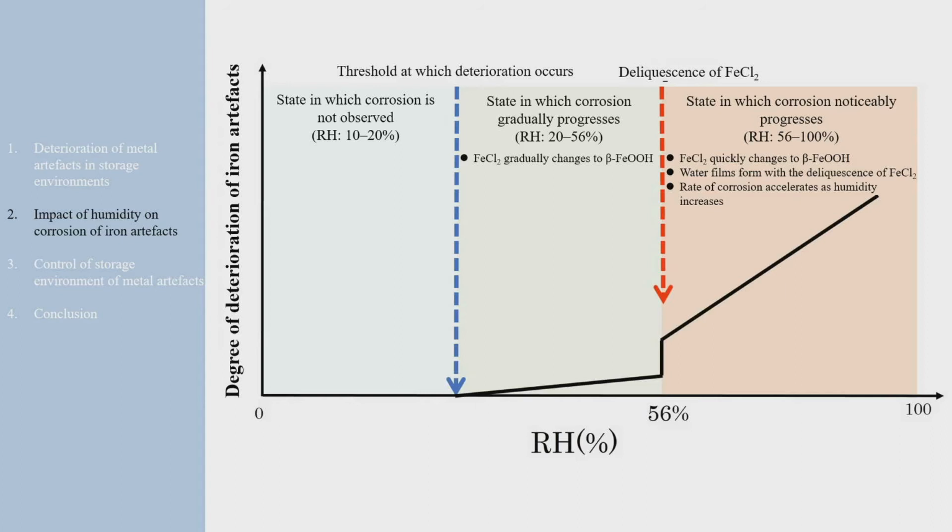Corrosion takes on a different dimension at a relative humidity of 56%, which is the humidity at which iron chloride deliquesces. 2. Corrosion progresses rapidly when relative humidity is 56% or higher. 3. Corrosion progresses slowly when relative humidity is below 56%. 4. Corrosion is not seen when relative humidity is between 10 and 20%.